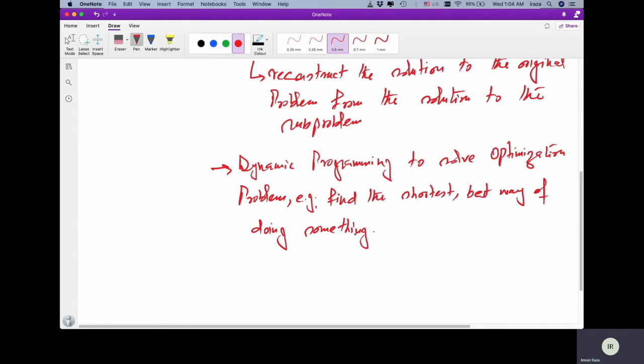In other words, there must not be an optimal solution that contains a suboptimal solution to a subproblem. This is very important to note.